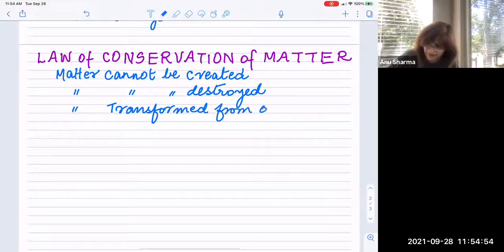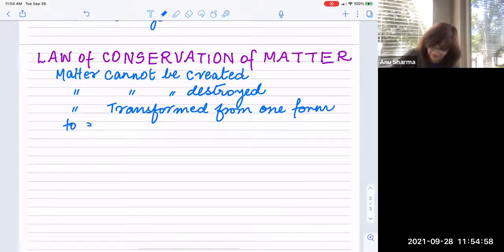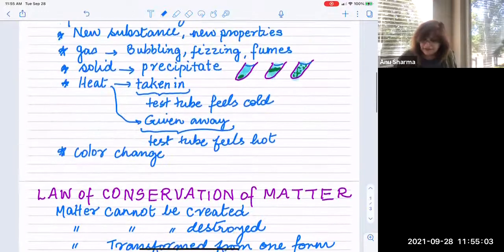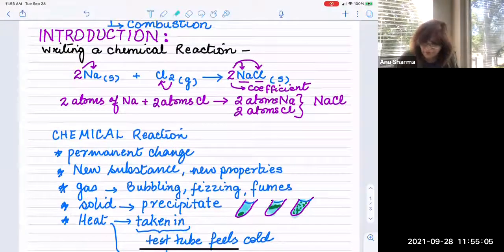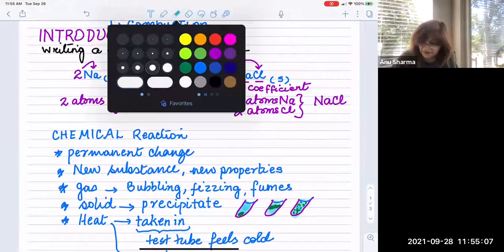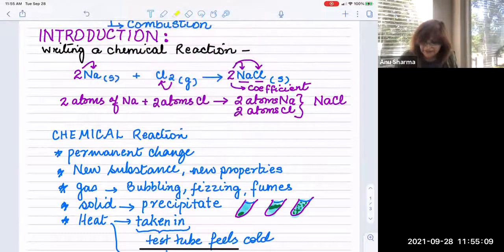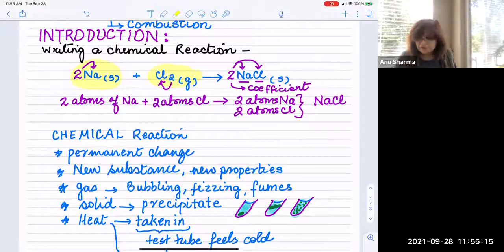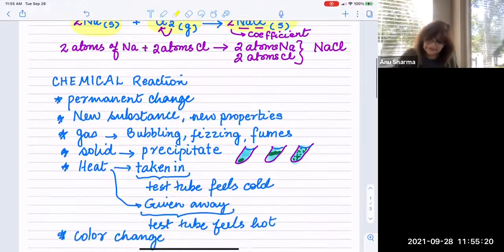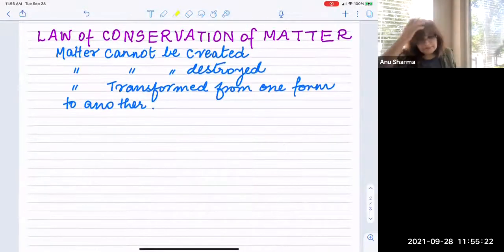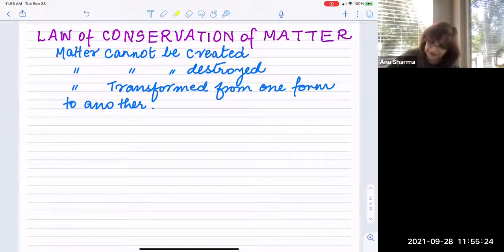For example, matter in a solid state and a gaseous state combine together and produce a totally different solid state. In this case, the total matter remains conserved.